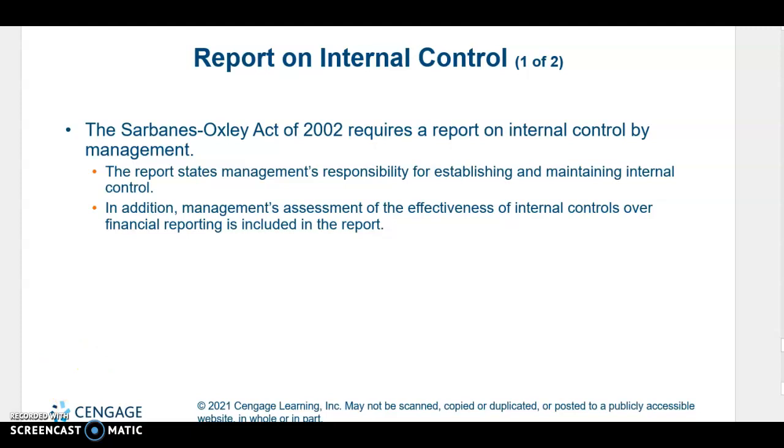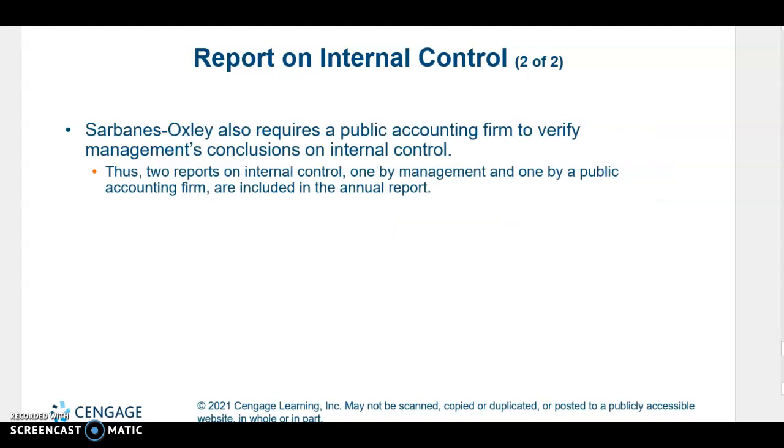And this auditing company is going to attest to the reliability of the financial statements. So here you can see that Sarbanes-Oxley requires this, and you will see that there will be 2 reports, one internal by management and then one by, like I mentioned earlier, the public accounting firm.